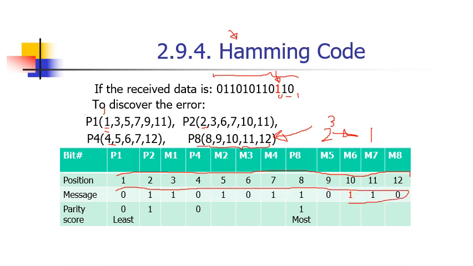This is the received message according to their positions, and we do a recalculation of the parity bits.